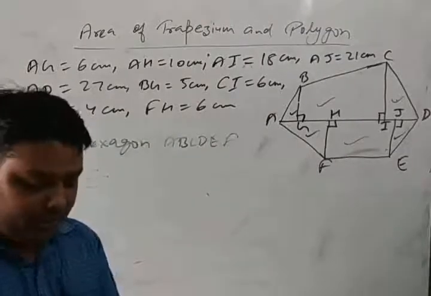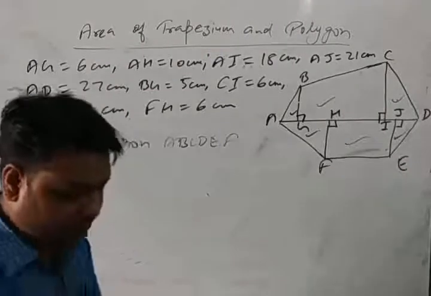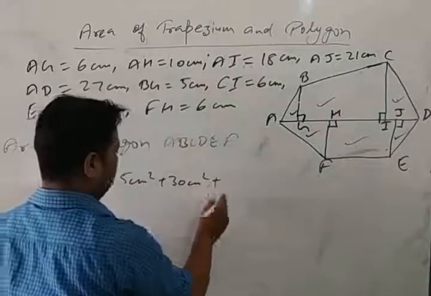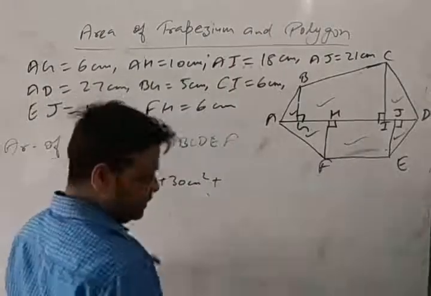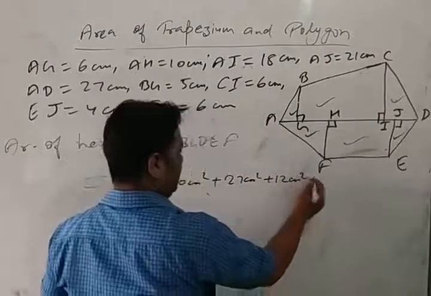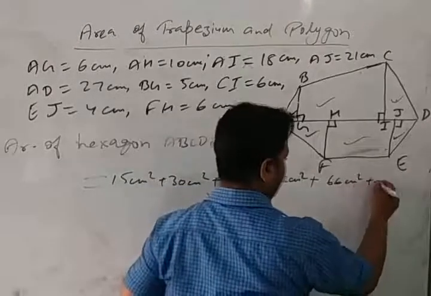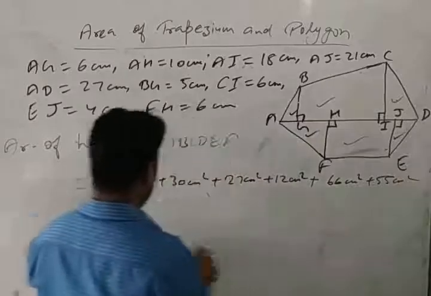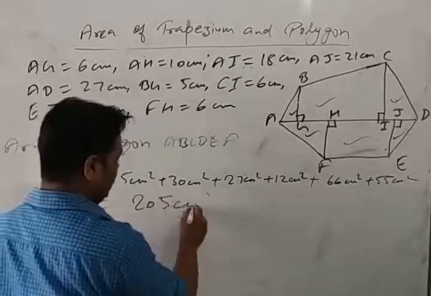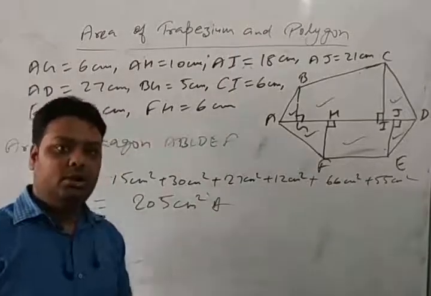The value of the first figure is 50 centimeters square, then 30 centimeters square, after that 27 centimeters square, then 12 centimeters square, and then area of trapezium 66 and 55. If you add this, you will get the value 205 centimeters square.